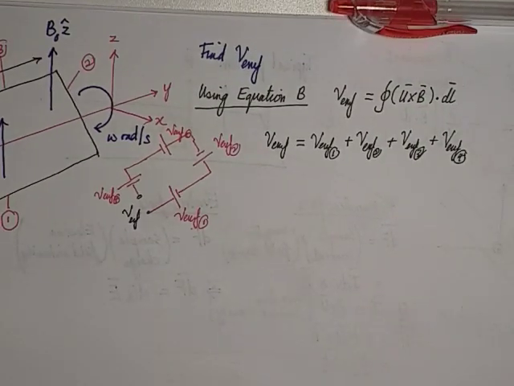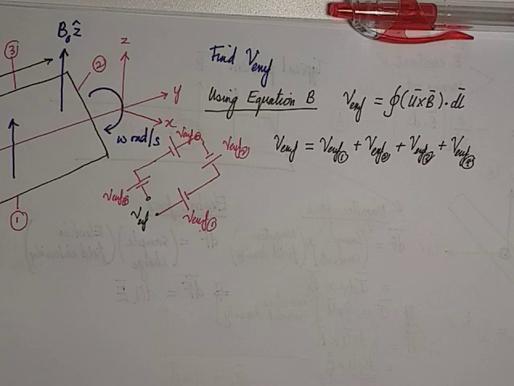That should be our systematic way to solve this problem. We divide the complex structure into simpler structures, each simple structure produces its own EMF, and then we sum all these EMFs together to produce our final result.